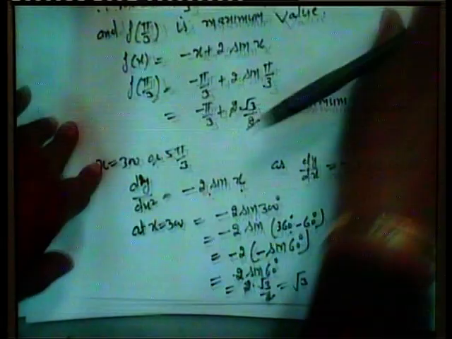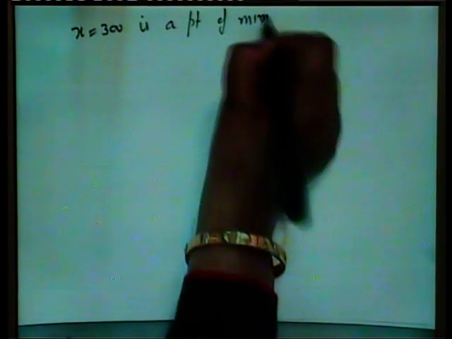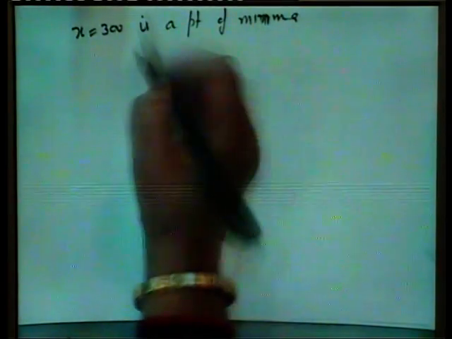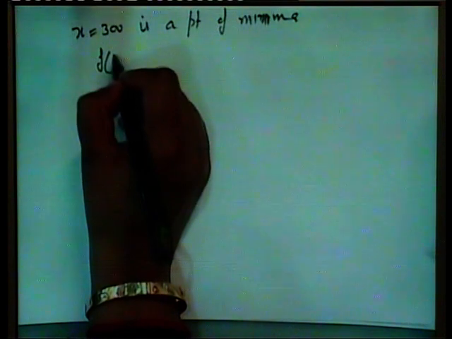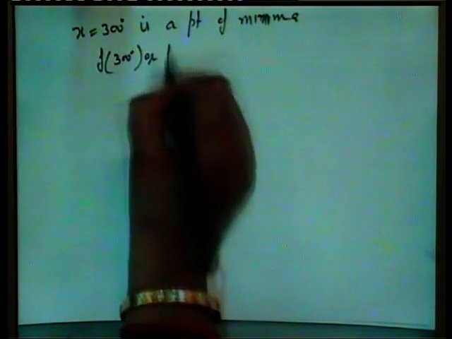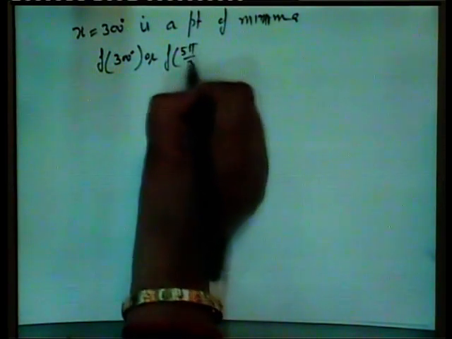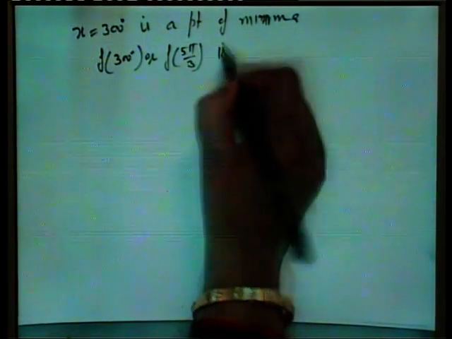Therefore, x is equal to 300 is a point of minima, and f(300), or f(5 pi/3), we can write 300 as 5 pi/3 also, is the minimum value.